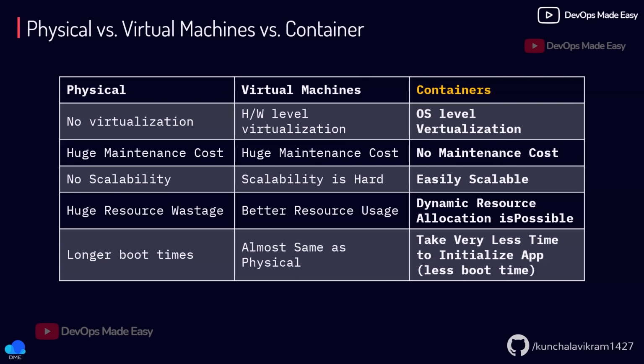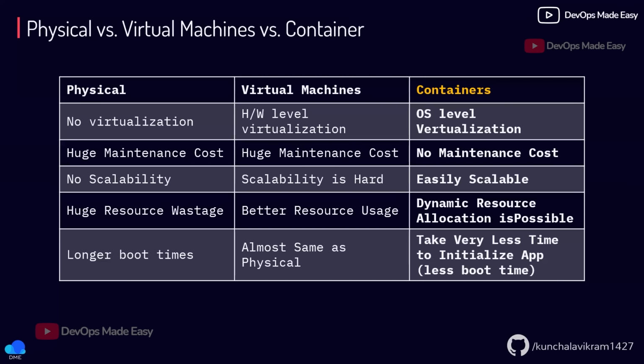Vikram, you said VMs are used to allocate system resources, like RAM or processor capacity, from the host's hardware. So is a container also hardware-level virtualization? Yes, a container also takes resources from the hardware only, but here we don't have any OS.